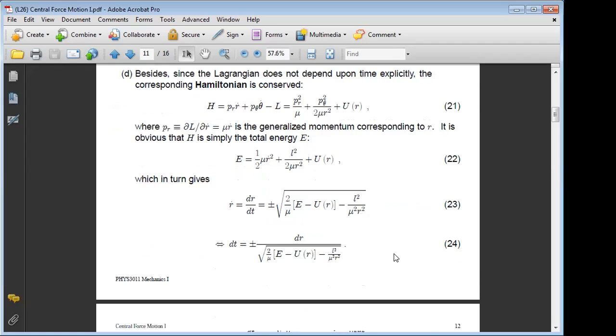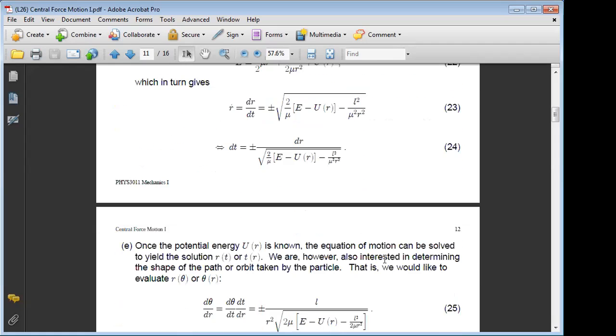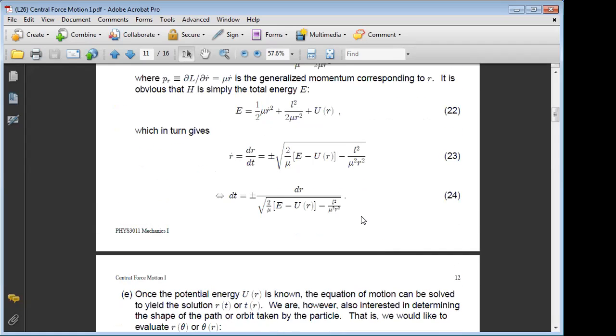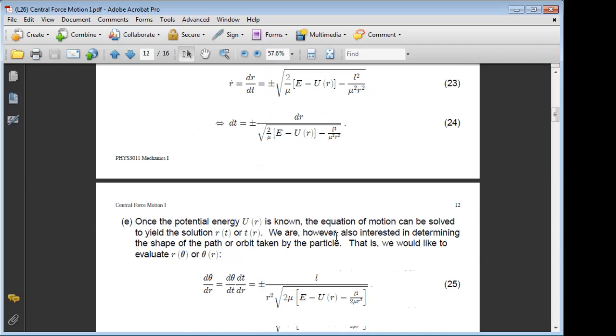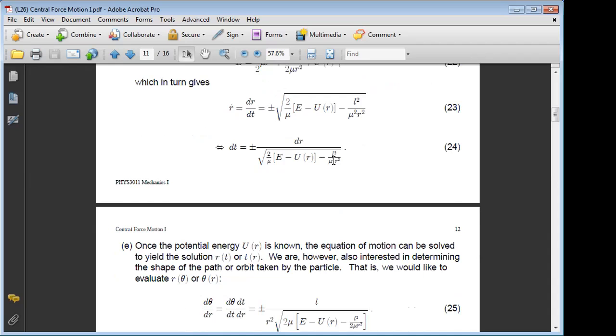Now, in general, this is difficult to solve. All right. In general, this is difficult to solve because of the function U(R). Right. Now, once U(R) is known, we can solve the equation of motion either analytically or numerically.